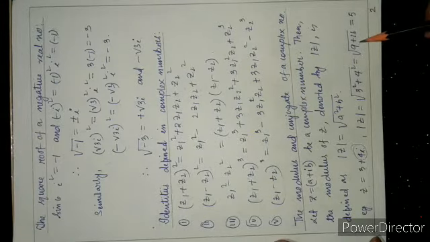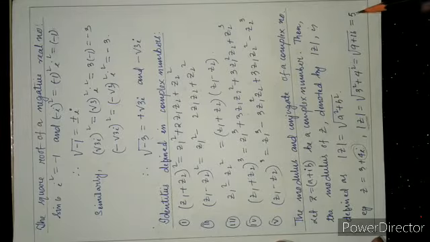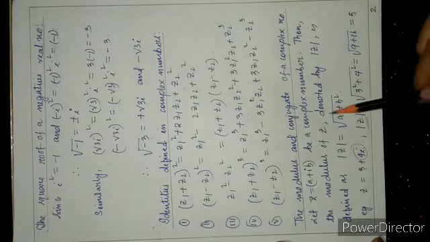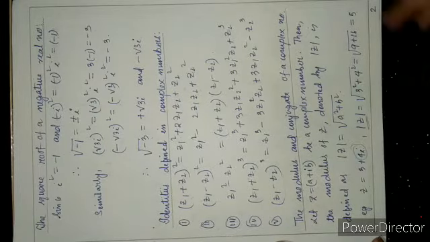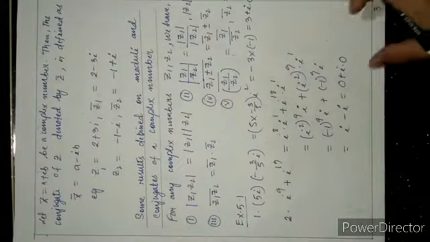Modulus is defined as root over a square plus b square, where a is the real part and b is the imaginary part of the complex number z. The value of modulus is always positive.